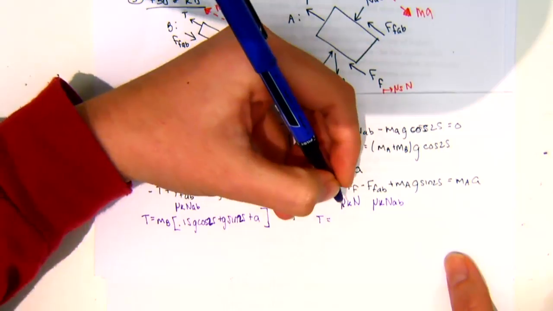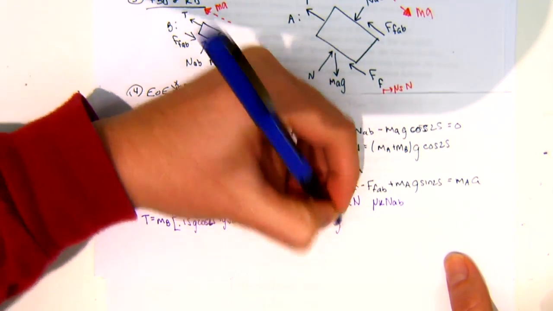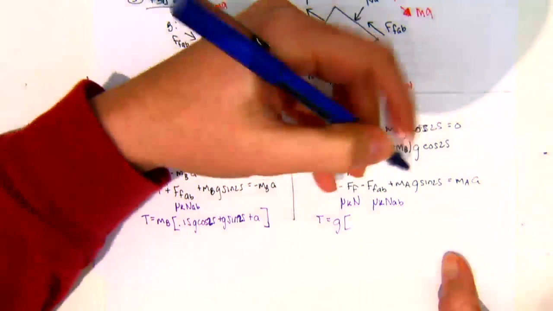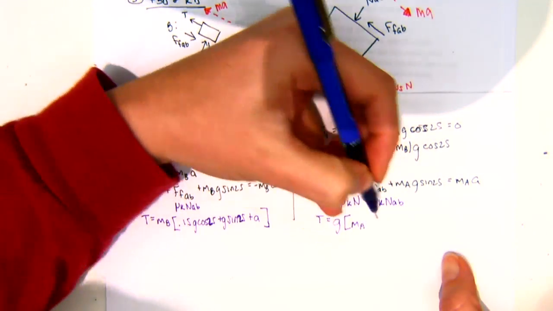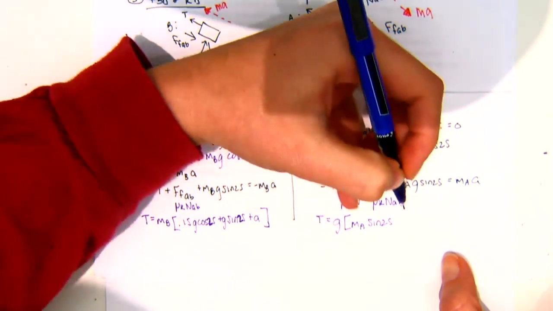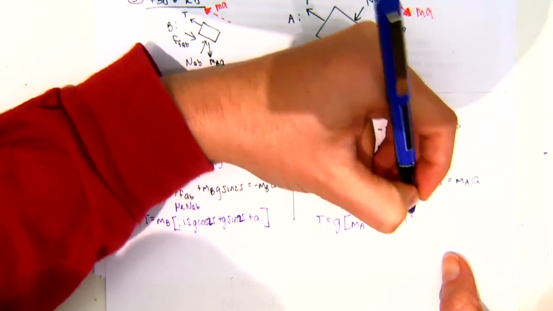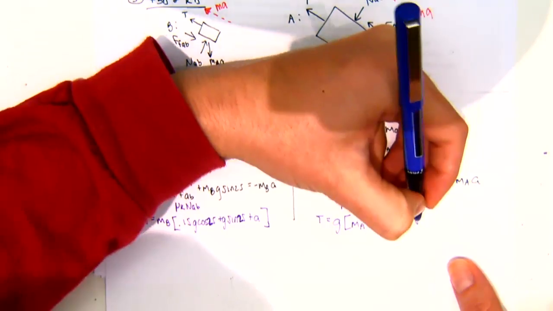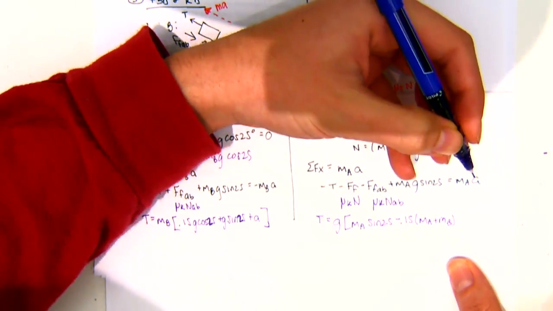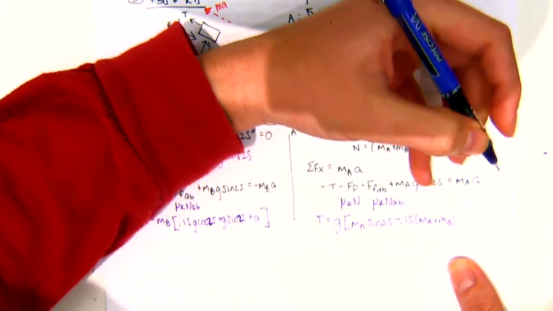T is equal to, so I'm going to pull out G, and so this is just me simplifying it. We get MA sine of 25 minus my mu k, which is 0.15, times MA plus, sorry, that should be 2 MB.